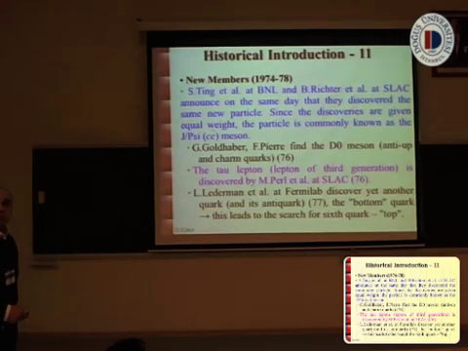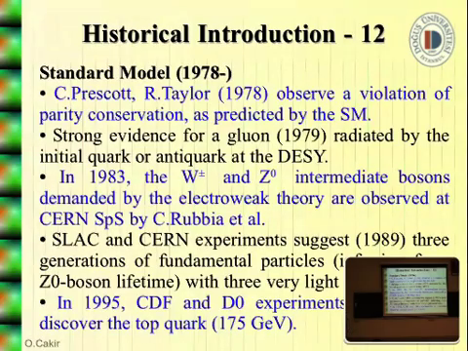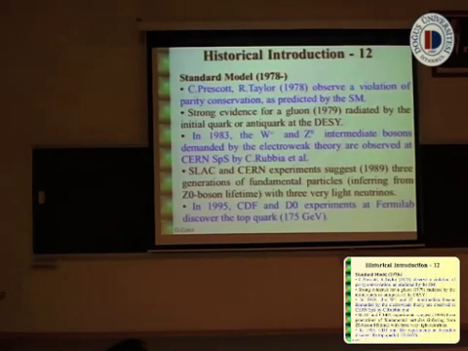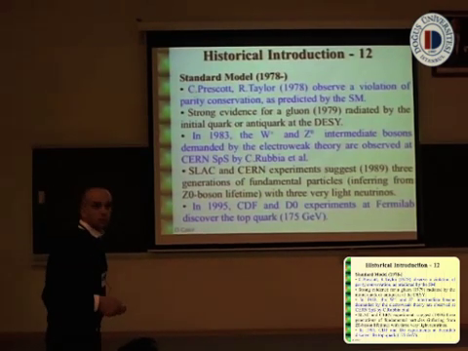It's the top, because of the symmetry. And the standard model in 1978, because in 1983 the W and Z bosons were observed at CERN by the Rubbia team, and in 1995 the CDF and D0 experiments at Fermilab discovered the top quark, which has a mass around 175 GeV.